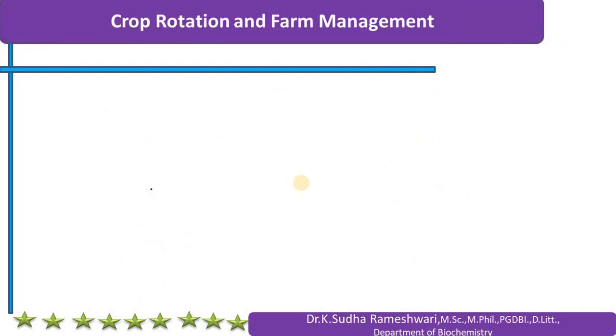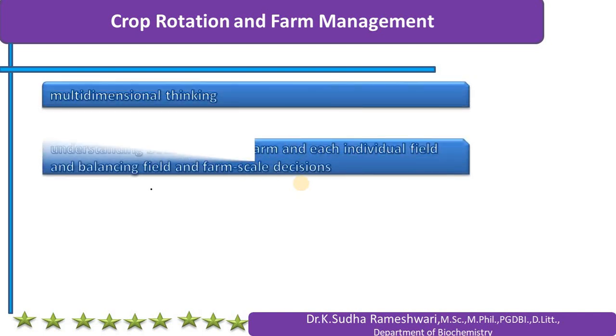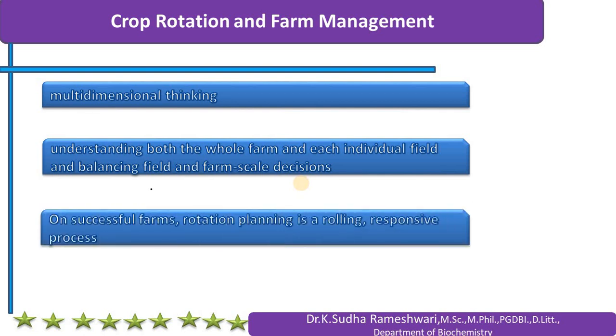Crop rotations require multi-dimensional thinking. Rotation management requires understanding both the whole farm and each individual field, and balancing field and farm scale decisions. On successful farms, rotation planning is rolling and multi-layered, involving short and long-term decisions.